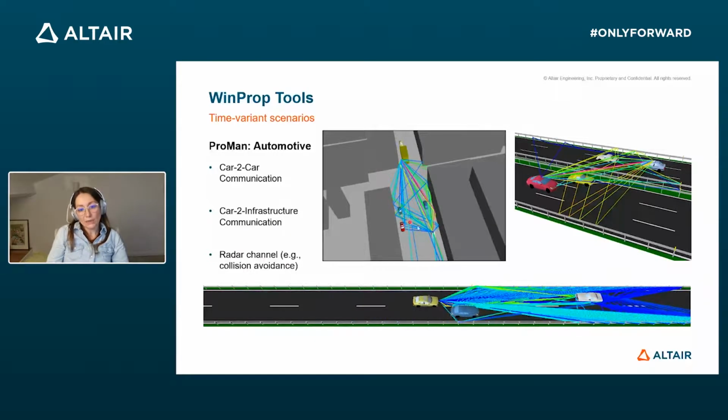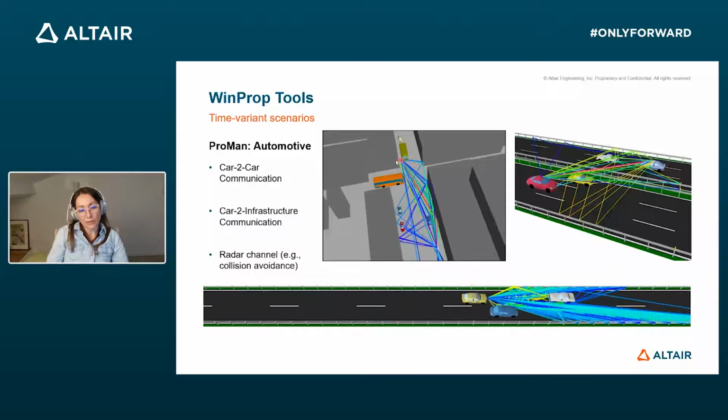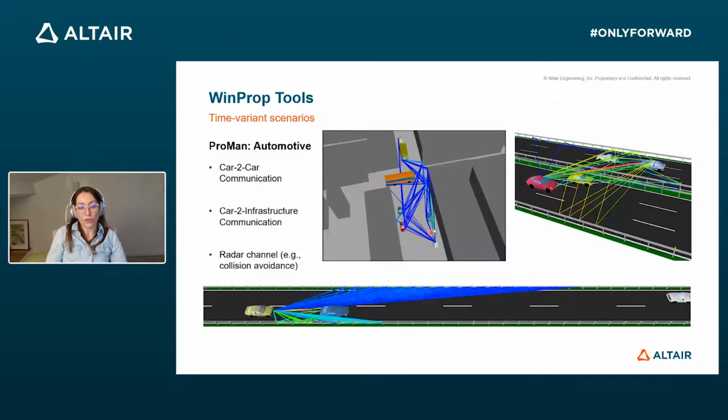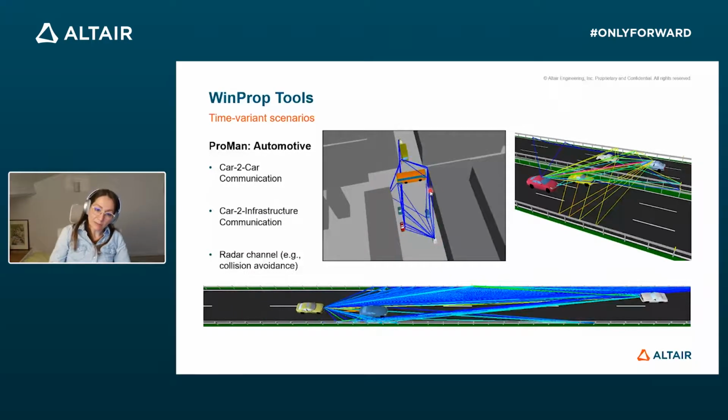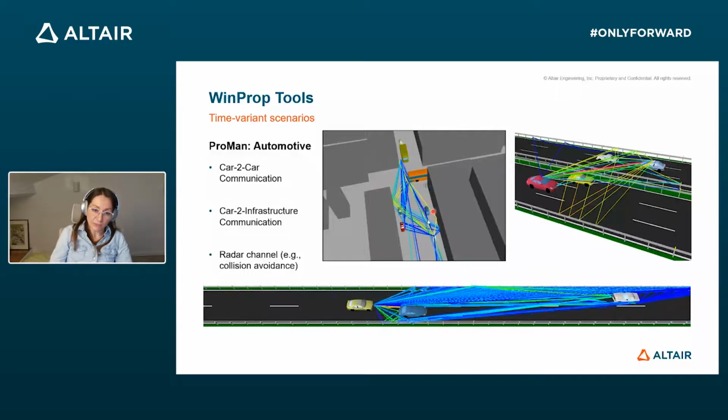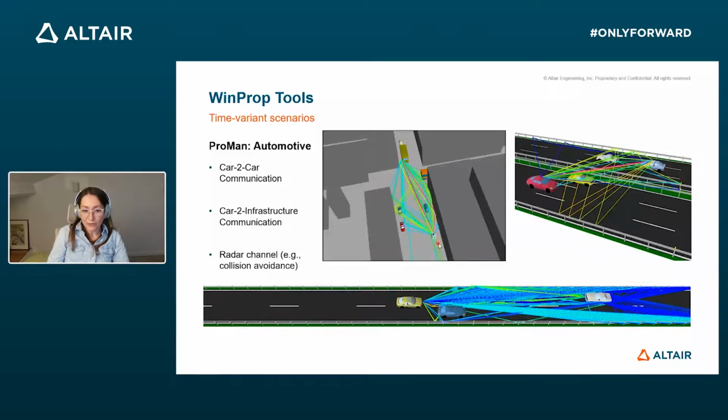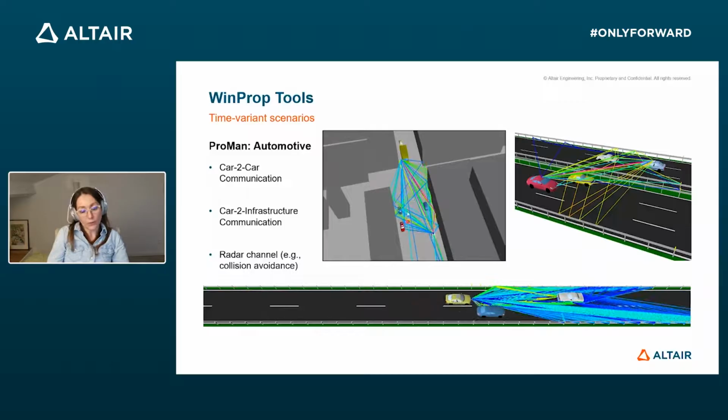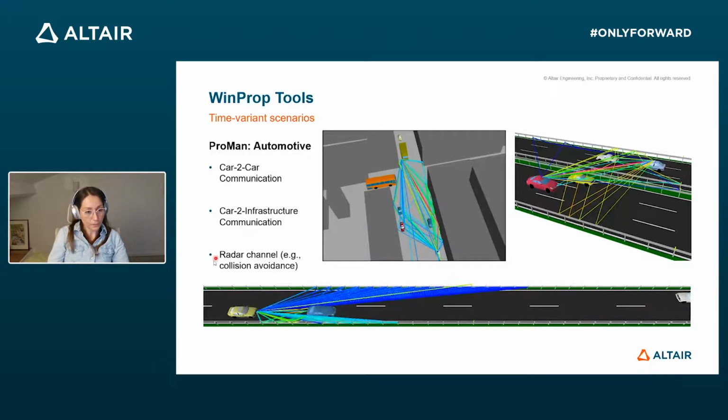And what we see here are all the multipath interactions and rays, which are part of what is adding or affecting the received signal, the power of the received signal.